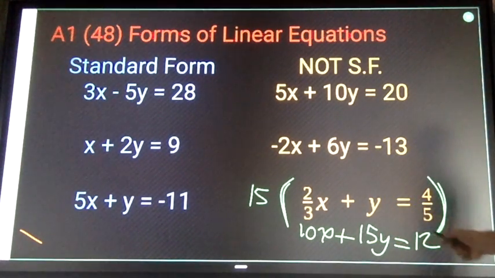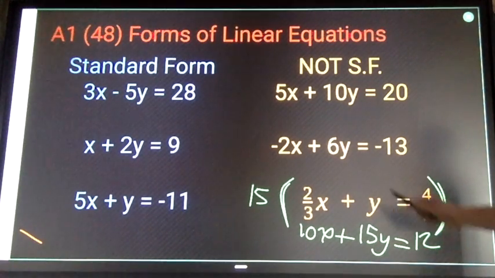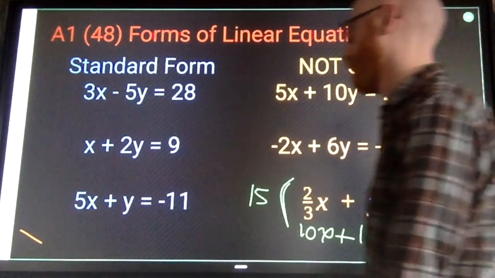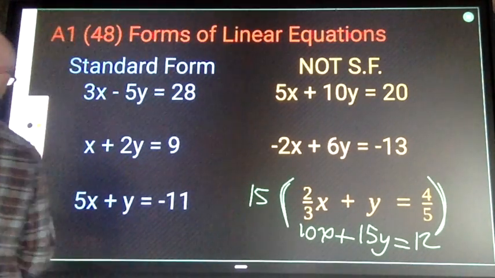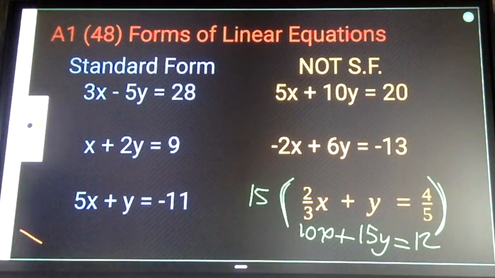Okay, 10x plus 15y equals 12. Now, what is in green is standard form for that equation. All right, same equation, different way of writing it.